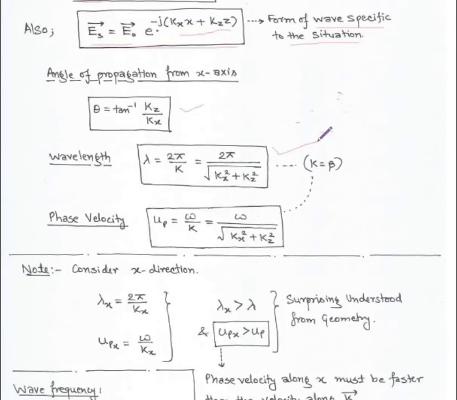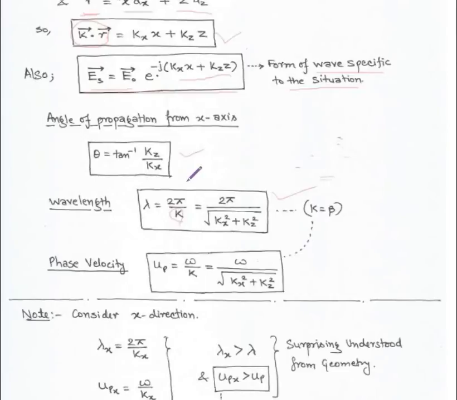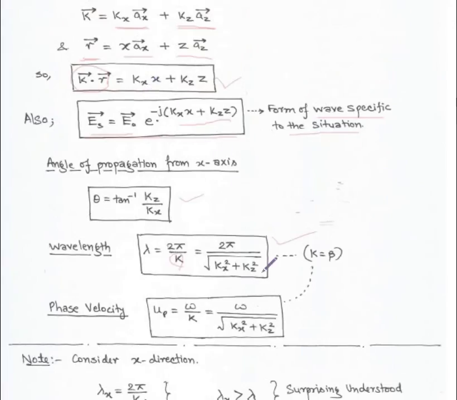In place of beta we can write k, because the propagation constant is the same as the phase constant in oblique incidence. So lambda is equal to 2 pi upon under root kx square plus kz square. Also the phase velocity up is equal to omega upon beta. In place of beta we can write k, so it is equal to omega upon under root kx square plus kz square.